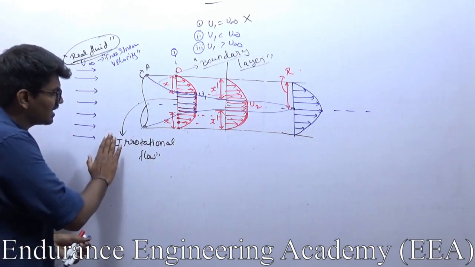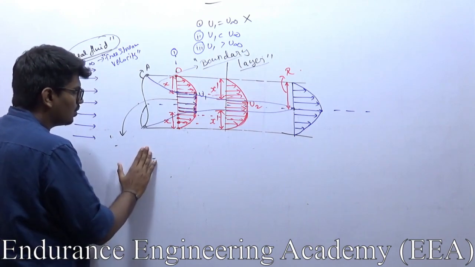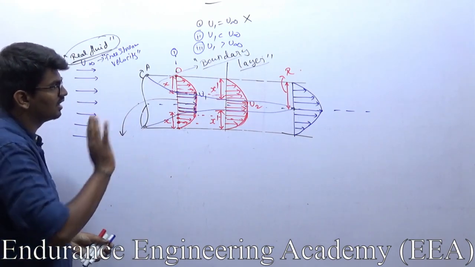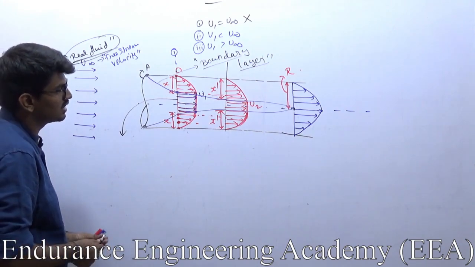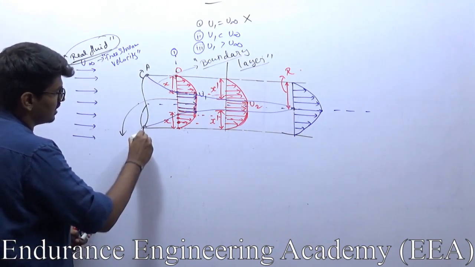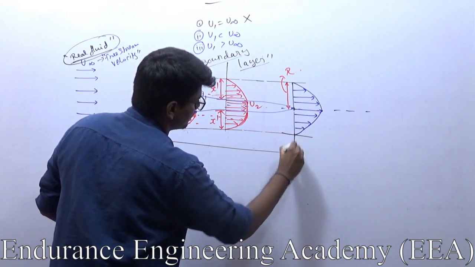Regarding irrotational and rotational flow, we will talk more once we enter the boundary layer chapter itself. But now, why I introduced this concept is to differentiate between two types of flow.